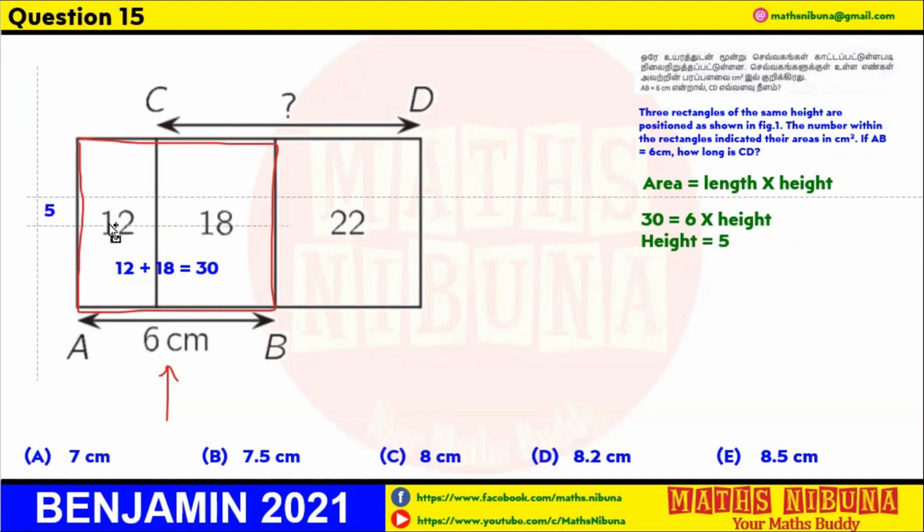When this height is 5, this height also must be the same because they say the rectangles have the same height. Now look at the second part. Maybe now you look at the right hand side, using another color.